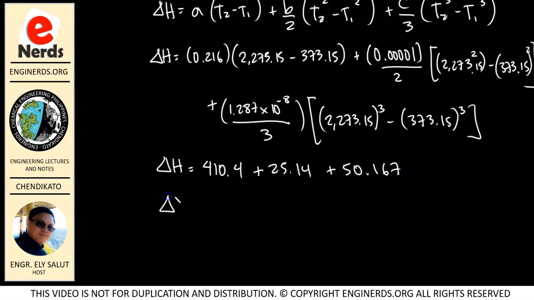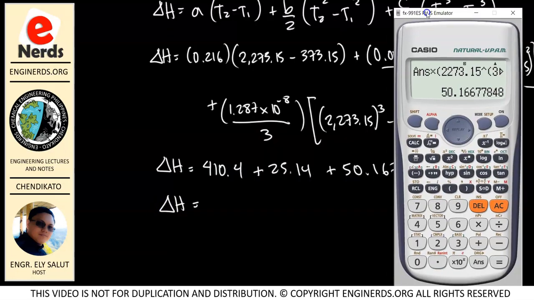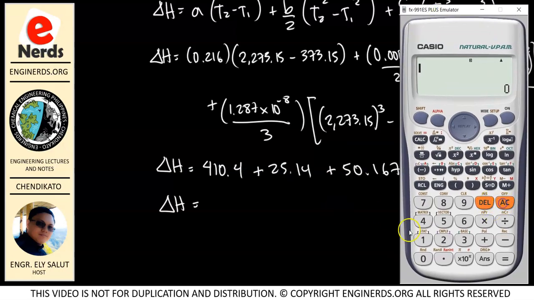So therefore our delta H is equal to, let us try to solve it now, 410.4 plus 25.14, then plus 50.167.